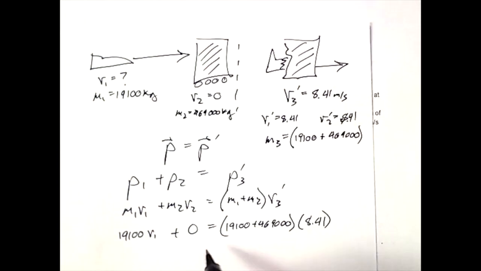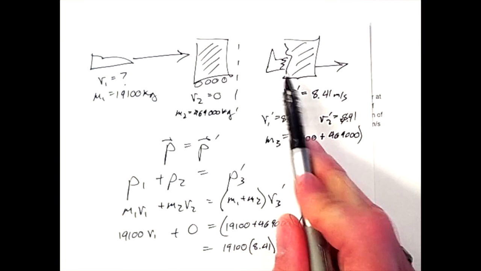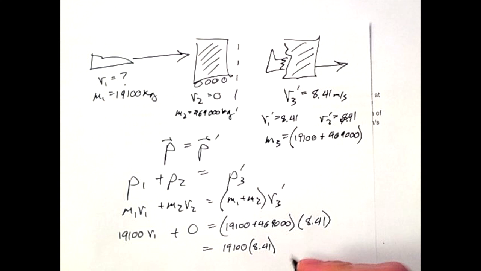You can go back and look. If you did it as separate objects, this would be 19,100 mass 1 times 8.41, because that's how fast the plane is moving after it crashes, plus the wall moving, 469,000 times 8.41. All I'm doing is factoring the 8.41 out beforehand.